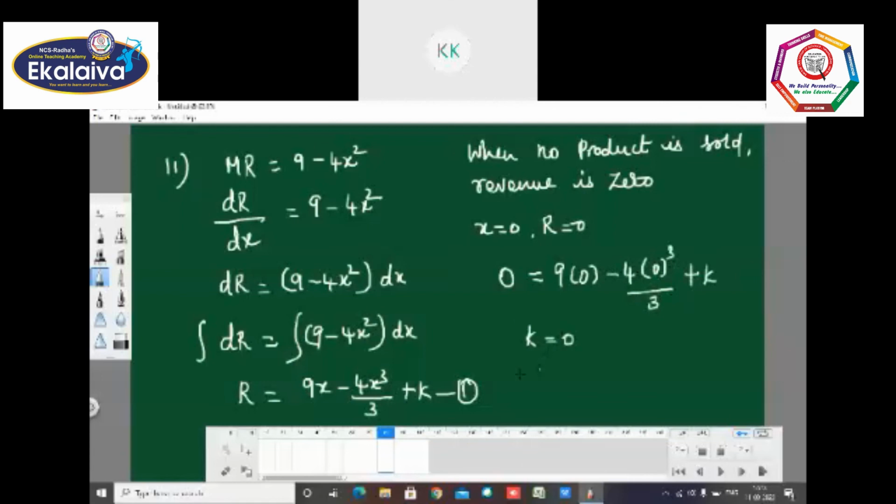Anything you can write, no problem. This is R only. Here, when no product is sold, the revenue is 0. No product sold, no revenue.